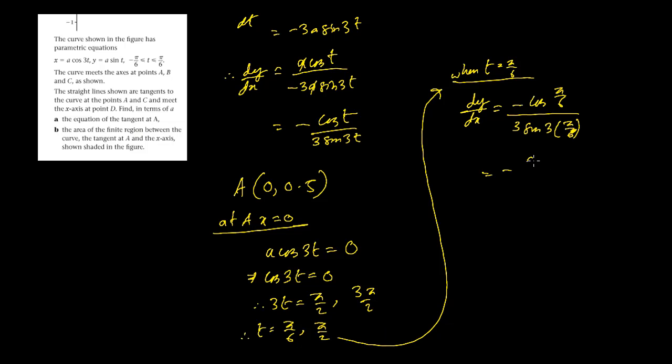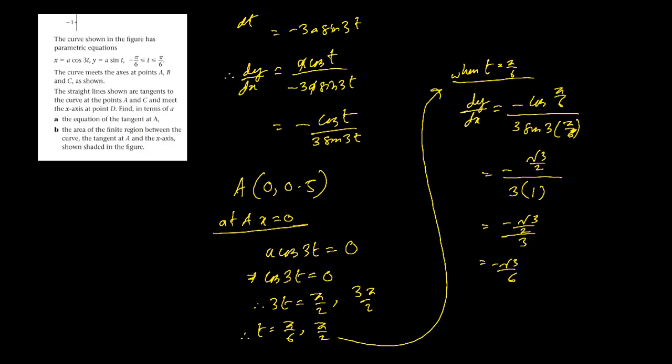That means root 3 by 2 divided by 3 sine of 3 times pi by 6, which is pi by 2. Sine pi by 2 means sine 90 degrees, which is 1. So minus root 3 by 2 divided by 3. That means minus root 3 by 6. So when you have the gradient, you know the gradient is minus root 3 by 6.